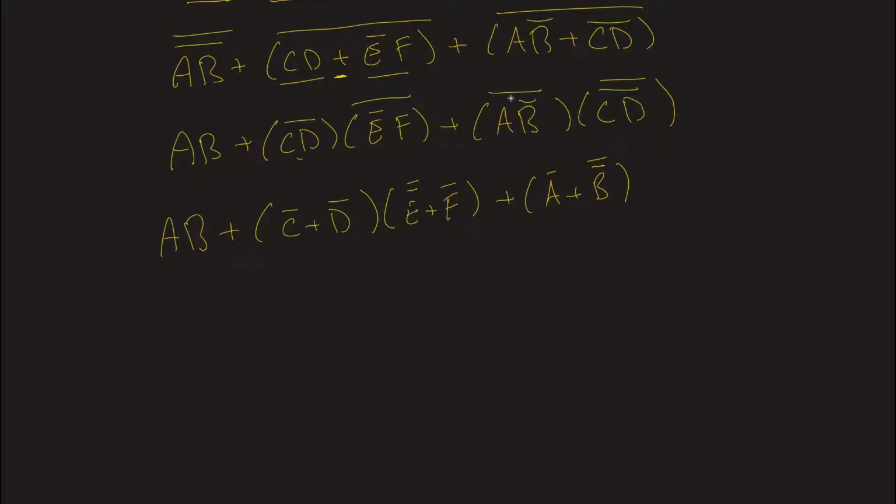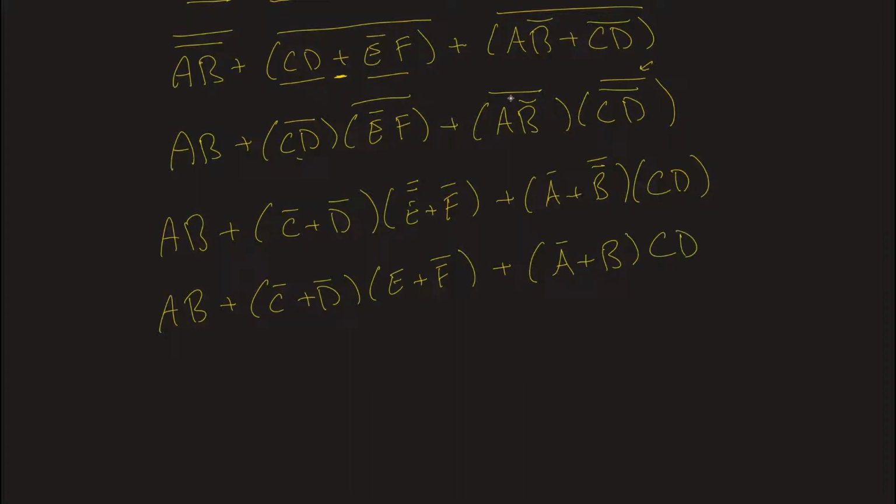And then over here, notice because we took it step by step, this actually cancels out. And so we have ANDed with just CD. Finally, just get rid of those two that cancel. C naught or D naught. Two cancel here, so we just have E or F naught. Or A naught or B, because the two cancel. All ANDed with CD. And so this is our final answer.